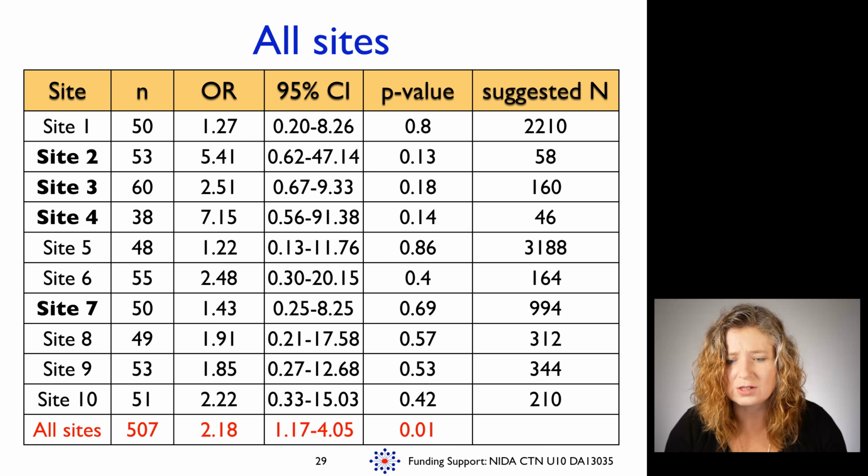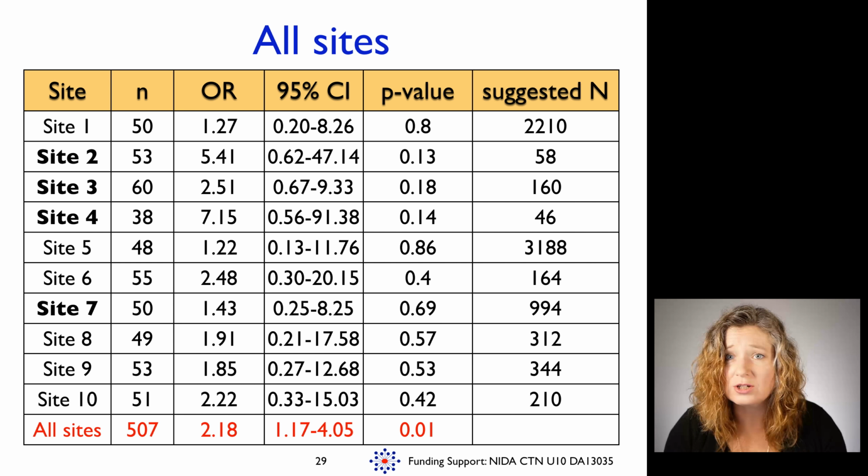Site 5 suggests even 3,188 subjects. That's too large. But if I selected another site like site 2, site 3, site 4, they would actually suggest to have much smaller sample size than I needed, and my large RCT would be probably underpowered.